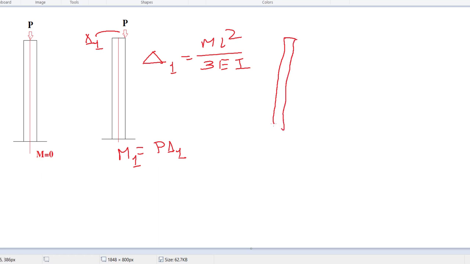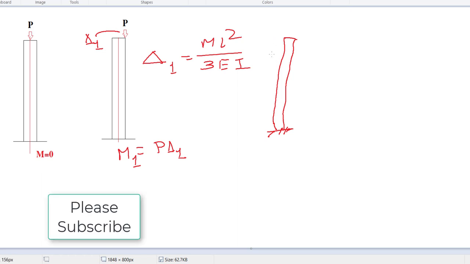Pardon me for a very bad drawing here. I'm really struggling to make the freehand sketch. This is P, and if we calculate the distance from the center line, let this distance be delta 2.